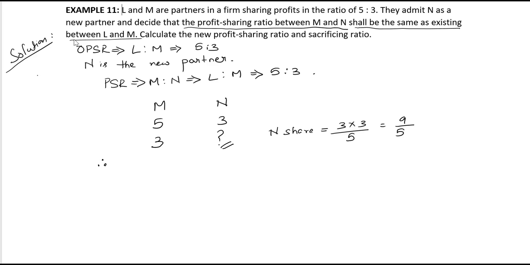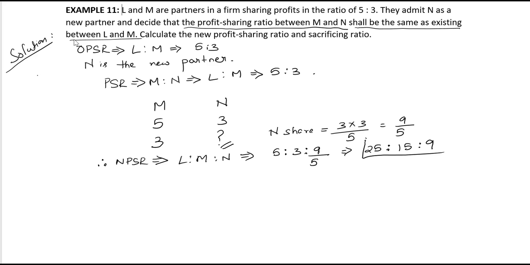Hence, we get that the new profit sharing ratio between L, M and N is equal to 5 is to 3 is to 9 divided by 5. And this can be written as 25 is to 15 is to 9. So this is the new profit sharing ratio.